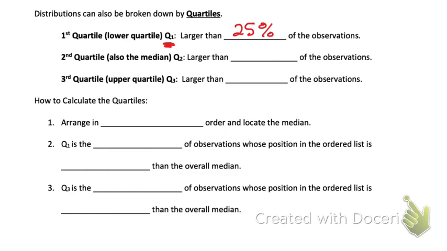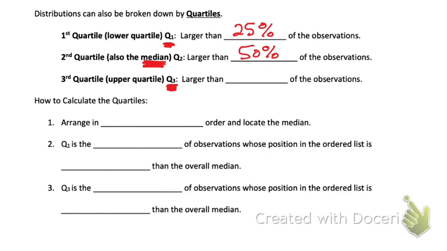Quartile 2, also known as the median. We are going to continue calling it the median. It is technically the second quartile, but it's the median, okay? It is larger than 50% of the observations. The third quartile, also known as the upper quartile, most commonly known as Q3.